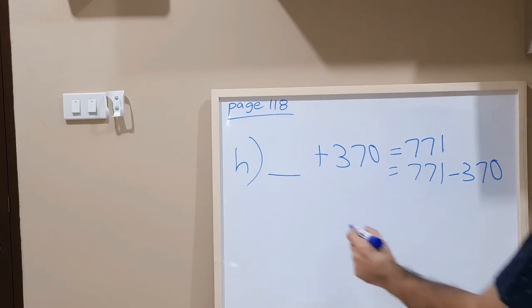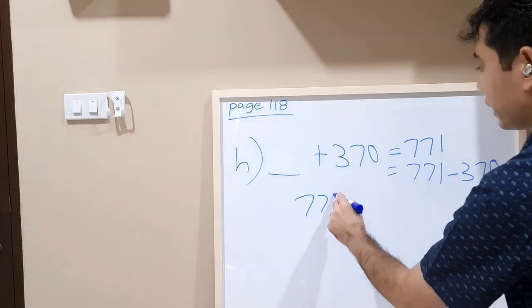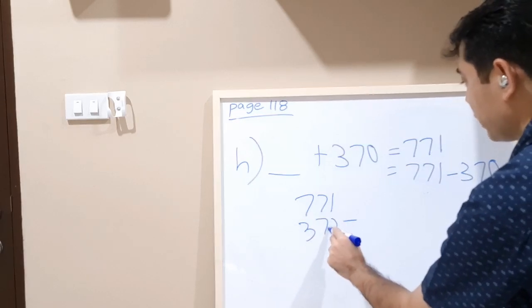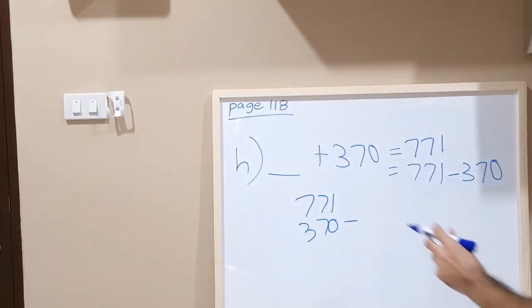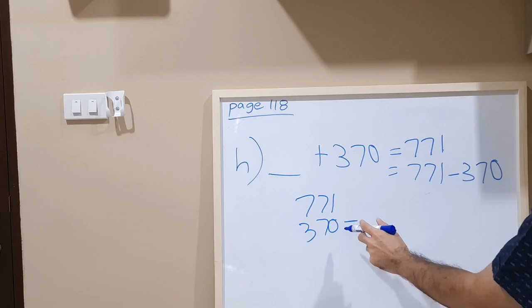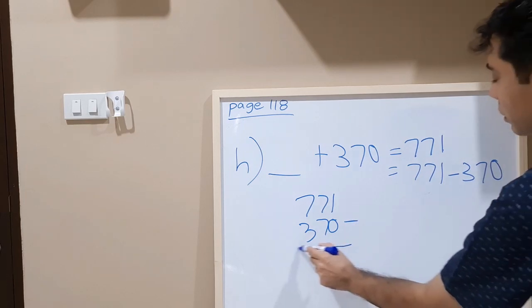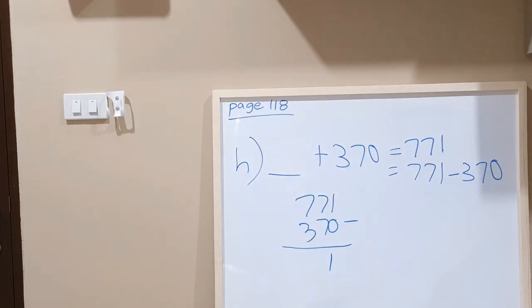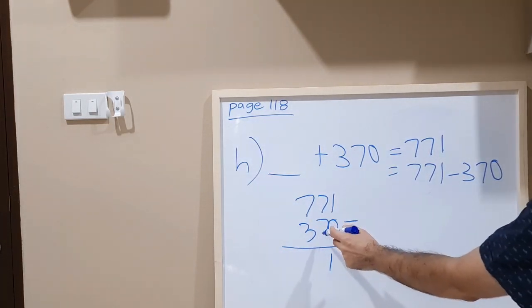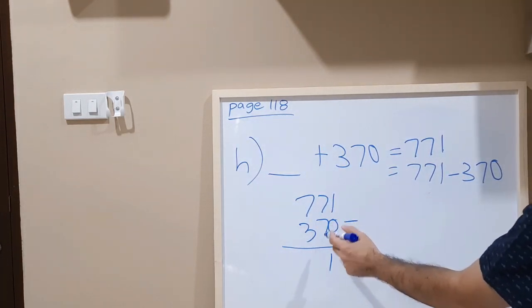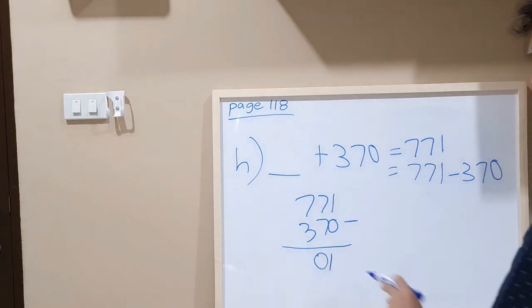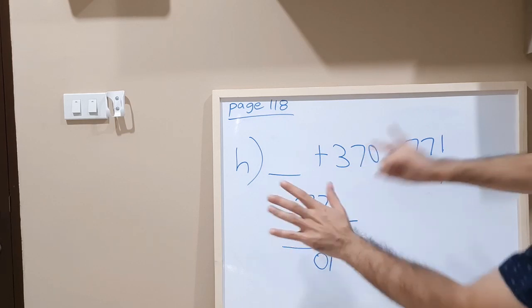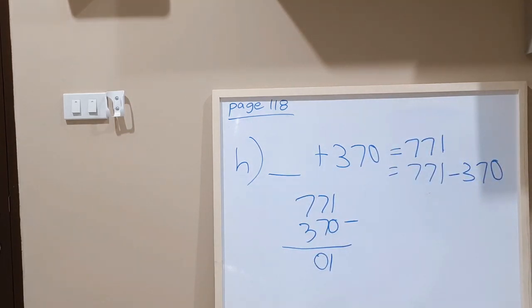Let's try. 771 take away 370. 1 minus 0, 1. 7 minus 7, 7 take away 7, 0, right? 7 take away 7, nothing, 0.